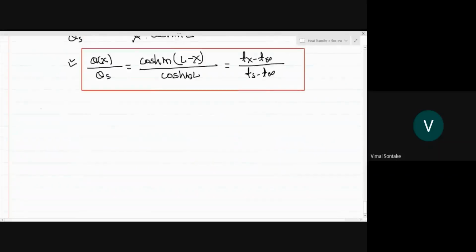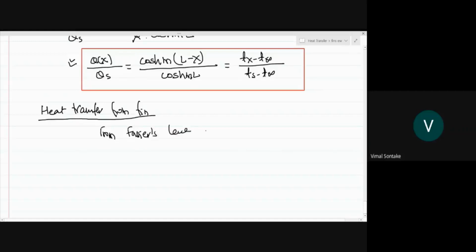Now similarly, I am interested to calculate heat transfer from the fin in the second case. So once again, from Fourier's law of heat conduction, what is happening actually in the fin? Heat is conducted from the root in the x direction by conduction.